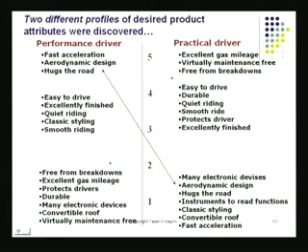What these performance drivers ranked high was fast acceleration, aerodynamic design, hugs the road. The next class of classification they gave us: easy to drive, excellent finish, quiet riding, classic styles and smooth riding. And something that was least important to the performance drivers, these were sports car drivers, were free from breakdowns, excellent gas mileage.